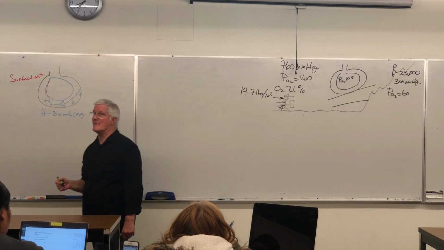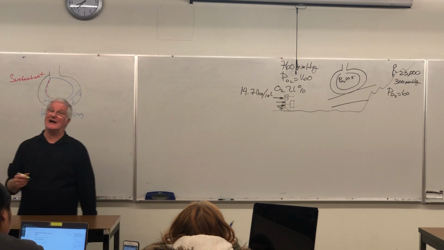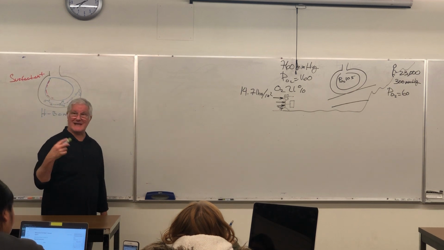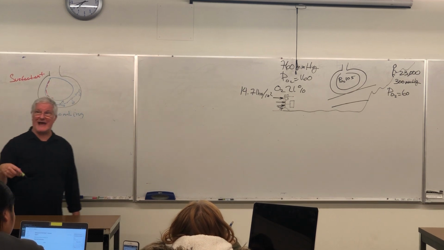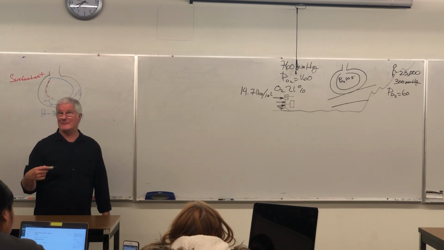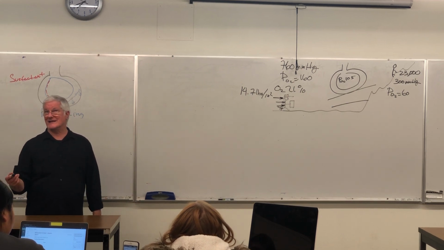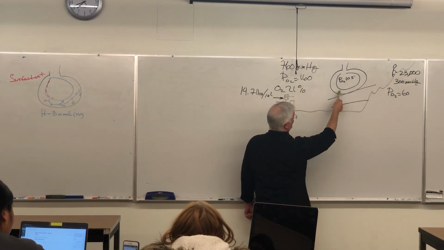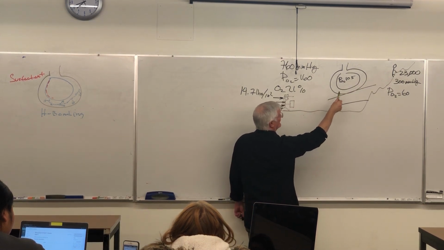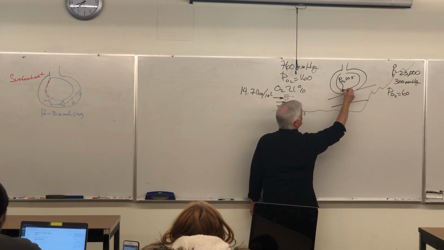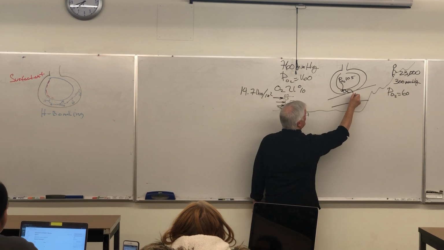You had all weekend to learn it. If you haven't, we need to give you a little kick in the butt. Henry's gas law says the amount of gas that dissolves into a liquid is proportional to the partial pressure of that gas above the liquid. Translation: how much gas goes into a liquid is determined by the partial pressure of that gas right above it. So the level of PO2 in here determines how much O2 goes in there, and that will diffuse into my capillaries.